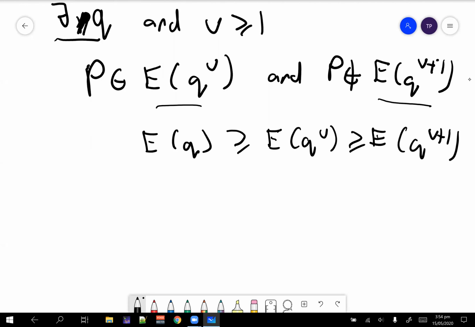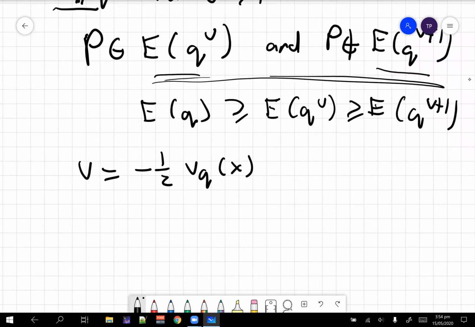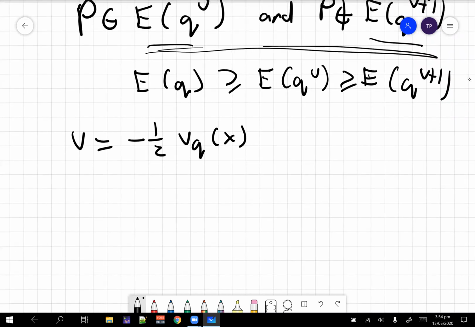So yeah, we have some Q and some v such that these two conditions hold. And actually, concretely we can calculate such a v. It's the valuation of x times -12, and I think you need to round it up somewhere.